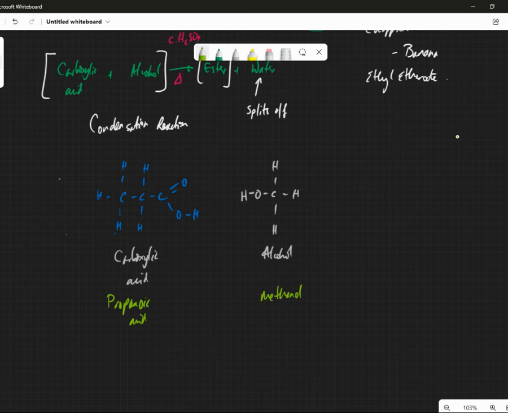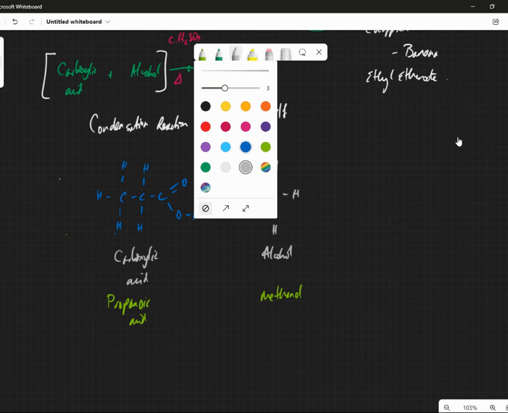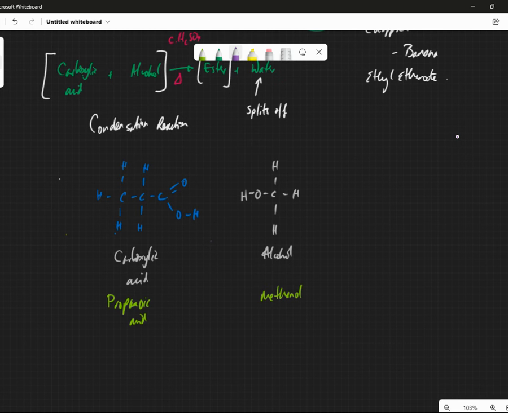Okay. Now, what happens then when these two join together? Let's have a look. Where's my thing? Now, when these two join together, believe it or not, the OH from the carboxylic acid and the H from the alcohol, this splits off, and this is going to form my water. Okay, and how do we generate the rest of the molecule? Well, we just add these two bits together. So this is going to give CH3. You should be able to do this, actually. It's a very good skill. So CO. Now the next thing, all of the water's gone.